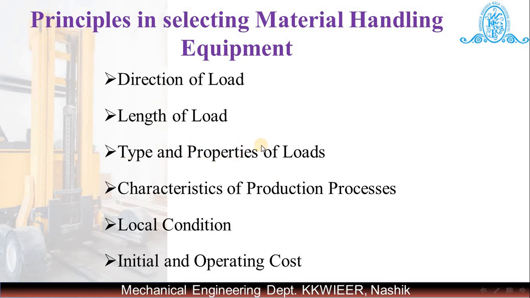So what type of material are we going to handle, or what are the properties of the load? Hoisting machines are suitable for unit loads, whereas conveyors are used for bulk loads.